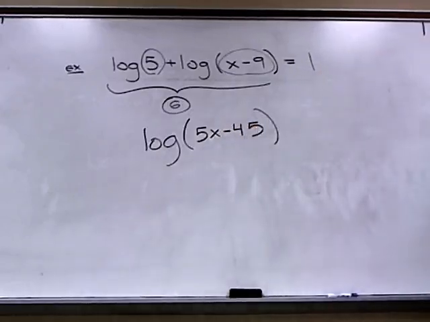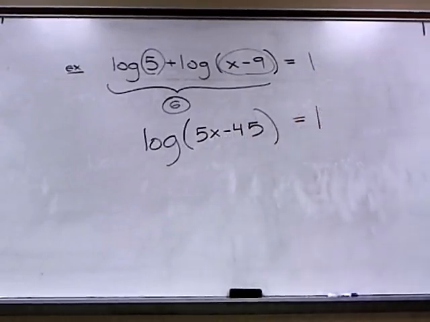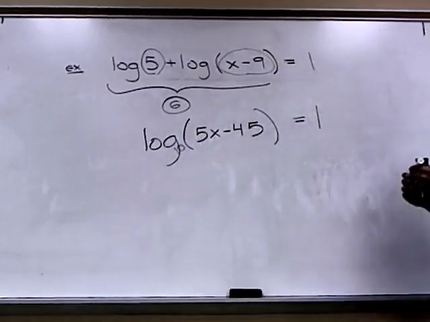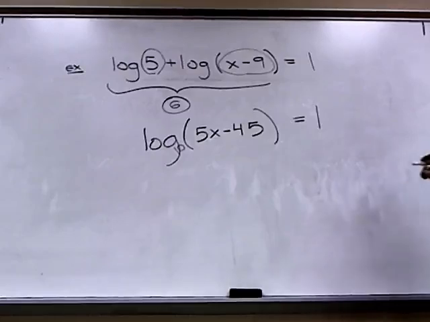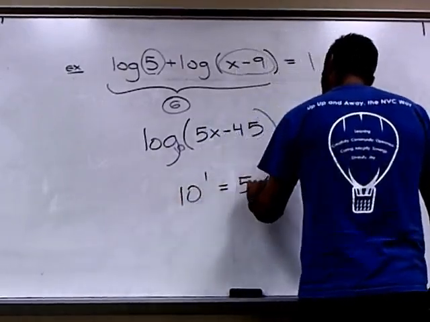And then what's still on the right side? 1. Questions? Now you can do the loop. And because there's no base, it's a 10, because it's log. So this should become 10 to the 1 equals 5x minus 45.